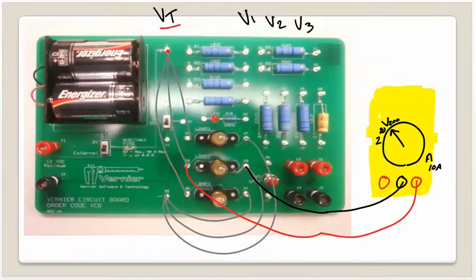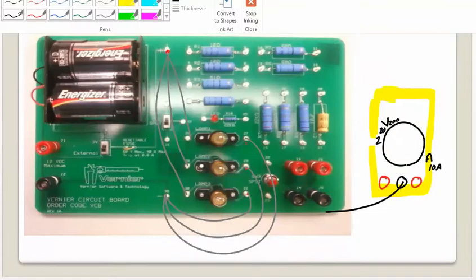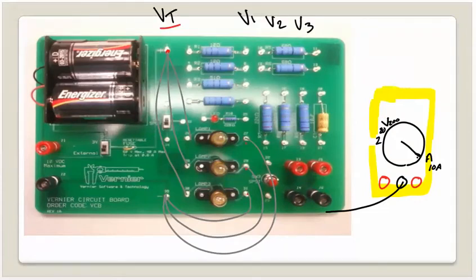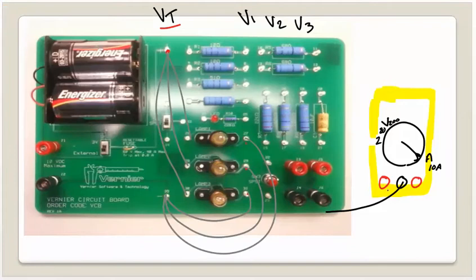Let's talk a little bit now about finding currents. Well, I'm going to have to switch this over. Okay, I'm going to take my dial and turn it over here to 10 amp. And now I'm going to come out of the left side to measure amperage.